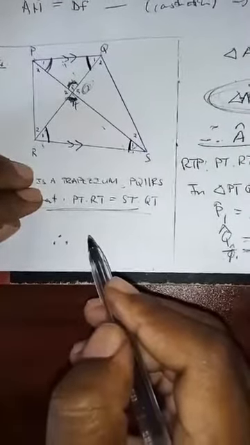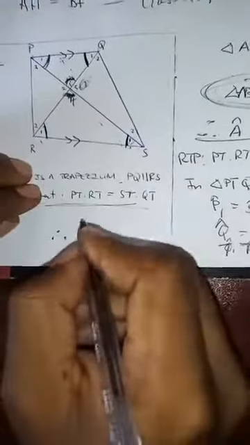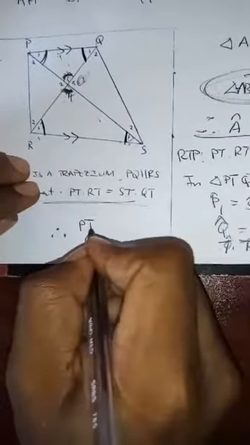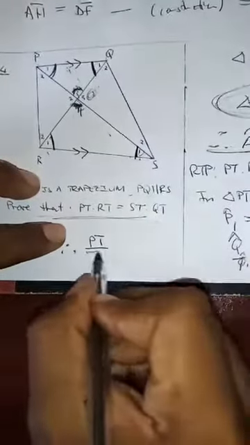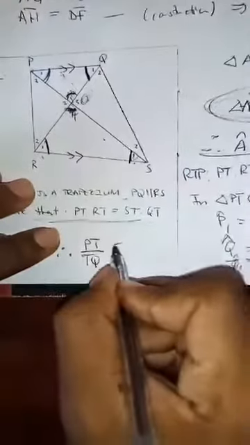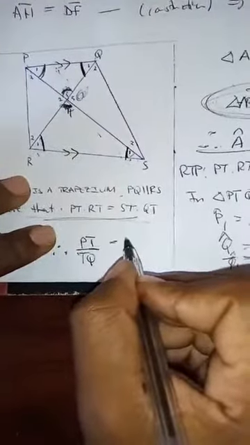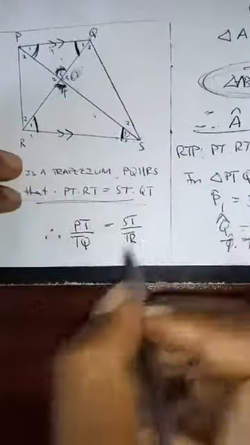So if they are similar, this means that PT all over TQ should be equal to ST all over TR, because of similarity. And you can just cross multiply.